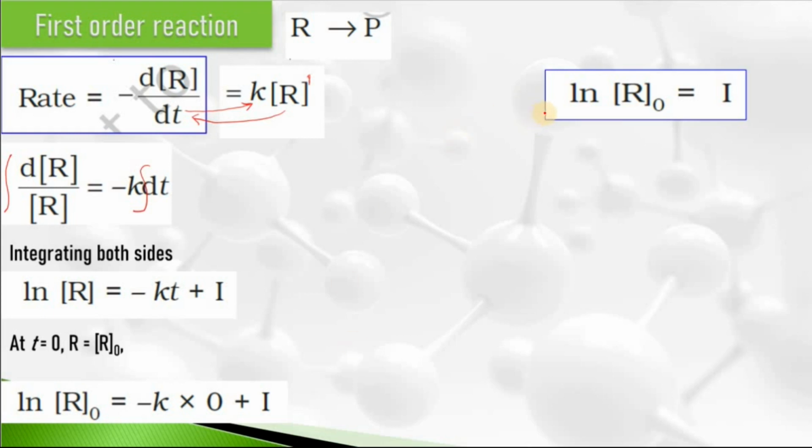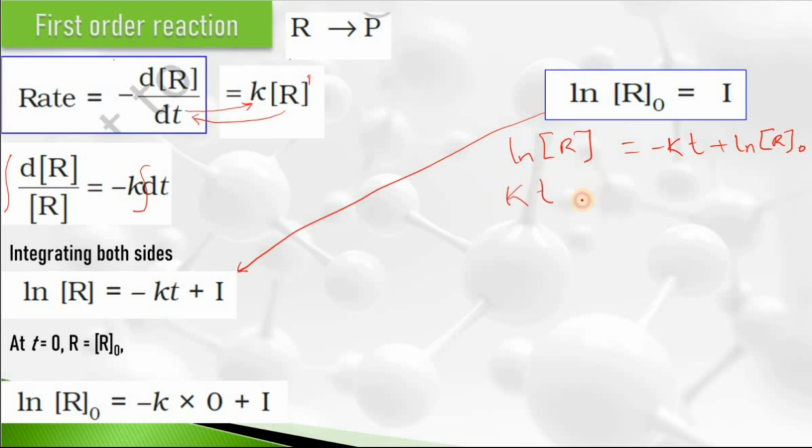Now we substitute this value of I in this equation. So while substituting, we get an equation like this: ln R is equal to minus kt plus ln of R naught. Now we take kt to left hand side, from minus it becomes plus, and we bring ln of R to right hand side.